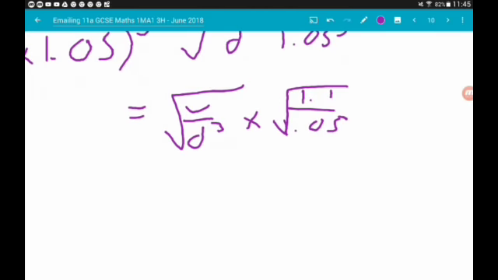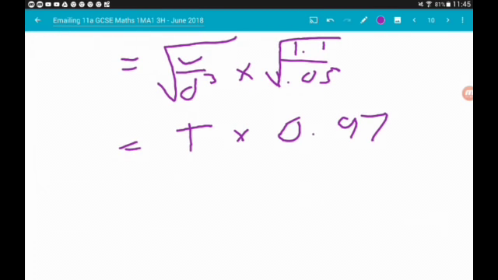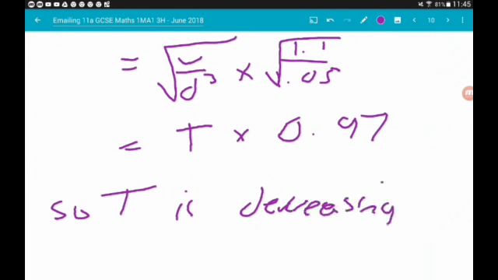So, W over D cubed, remember, is just T. So we got T times, now if we work out the value of the square root of 1.1 over 1.05 cubed, we get 0.97. So T is actually decreasing by 3%.